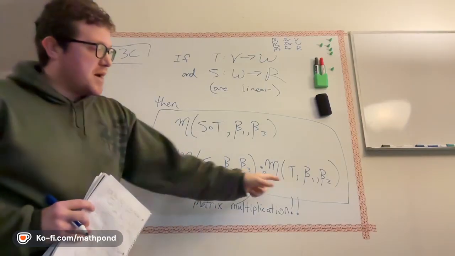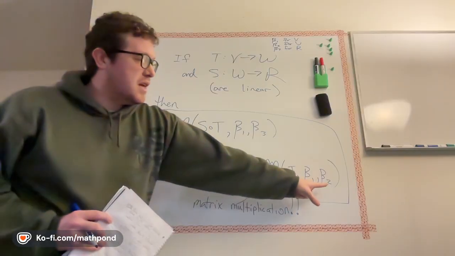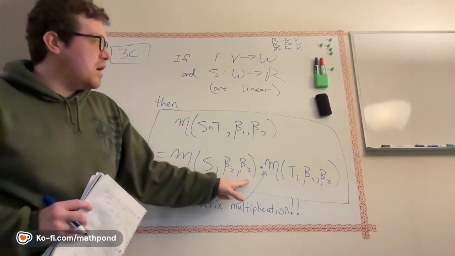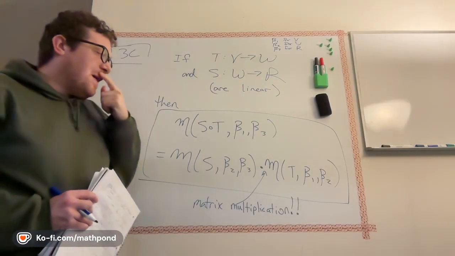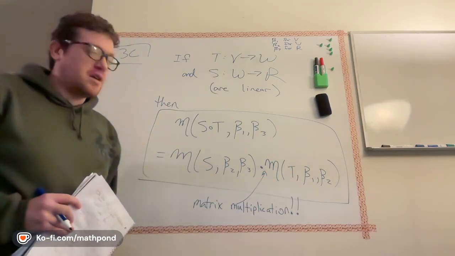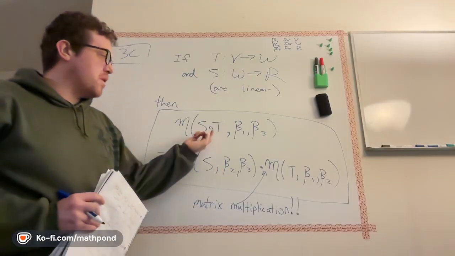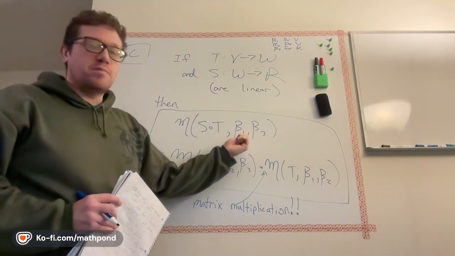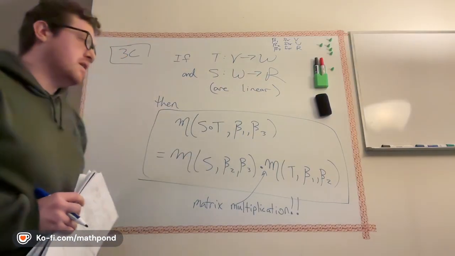As long as I write down the matrix of T with respect to the bases for V and W, and S with respect to the bases for W and R, because S is a map from W to R, then if I multiply these two matrices using matrix multiplication, I get the actual matrix for the composition of the two maps, as long as I'm looking at the bases beta 1 and beta 3. So the basis for V and the basis for R.